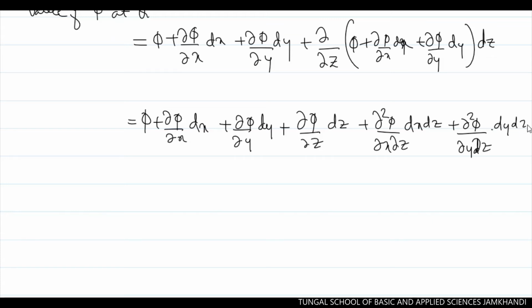Now if you look at this, a small change in dx and a small change in dy, if you multiply these two, it will be very small. So the variation of that function along x and z at the same time is very small, and the variation of the same function along y and z at the same time is also very small, so it becomes totally negligible.